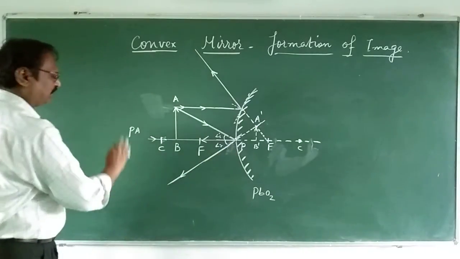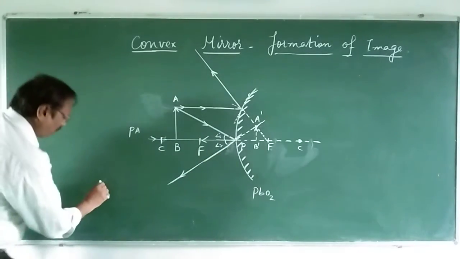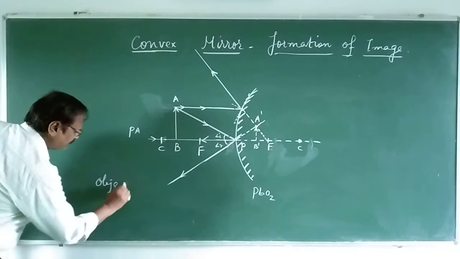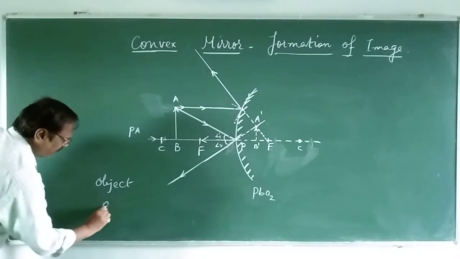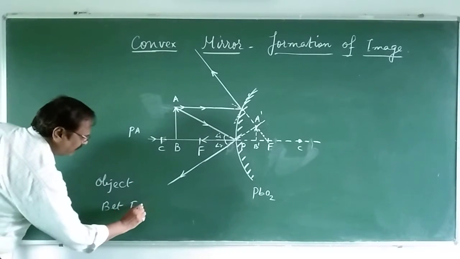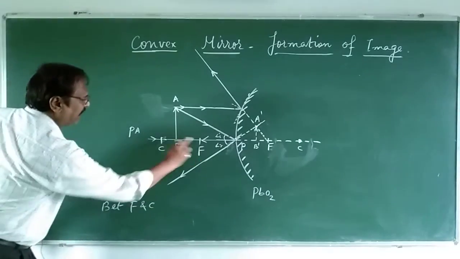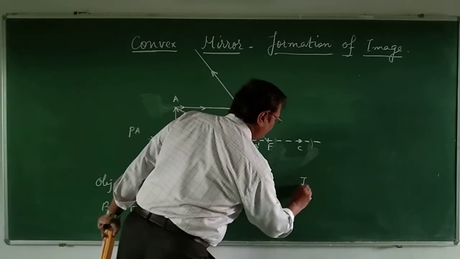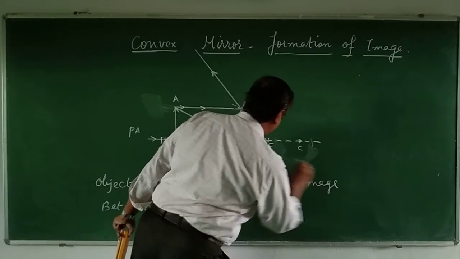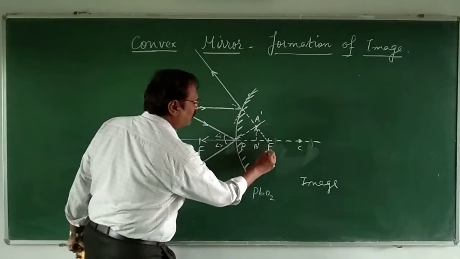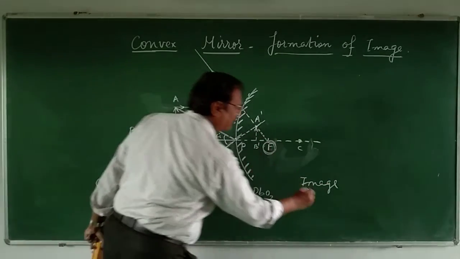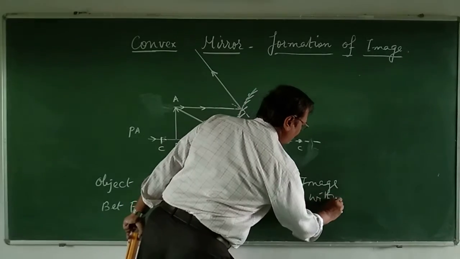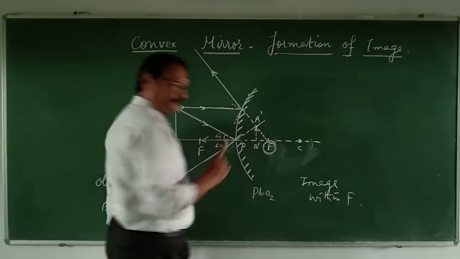Now this is the only case. The object is between F and C, and where is the image formed? The image is within focus. That is the first point.